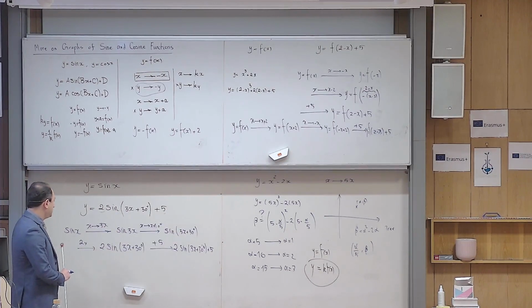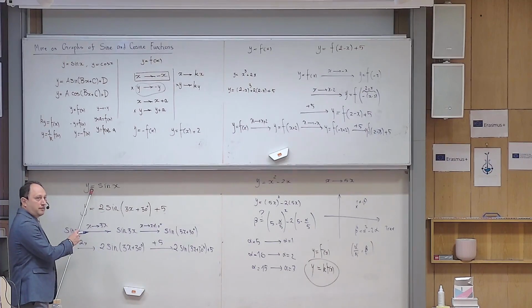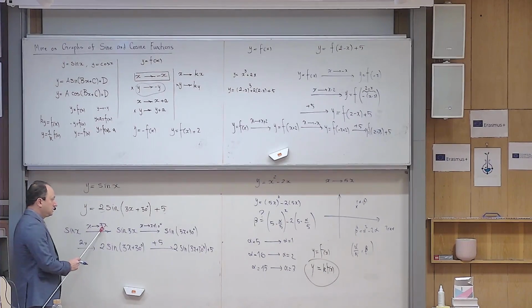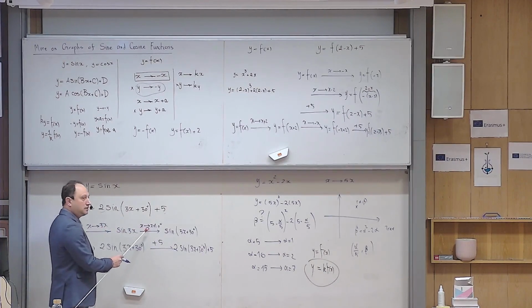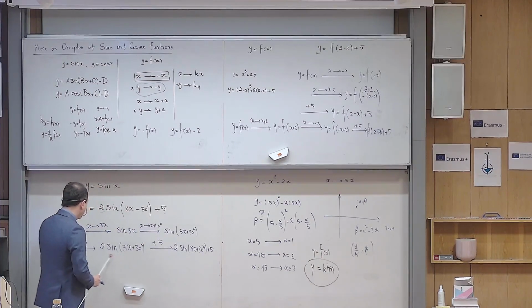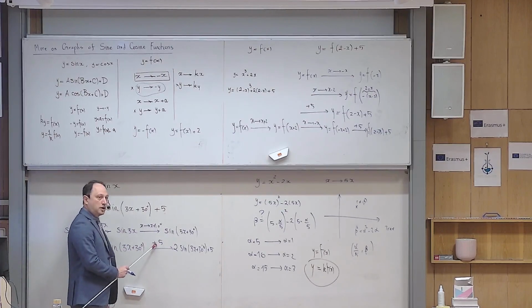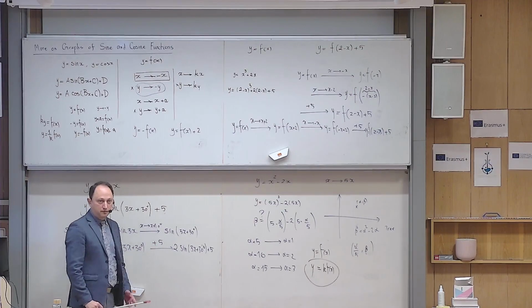Yes? So let us review. We take the graph, squeeze it about the x-axis by a factor of 3, translate the new graph by 10 degrees to the left, and then stretch it along the y-axis by the factor of 2, and shift it 5 units upward. Then I will have this graph.